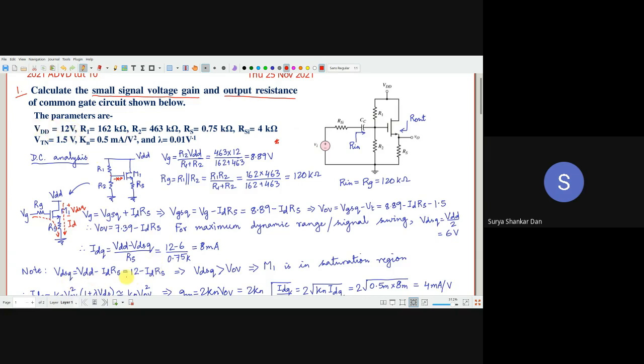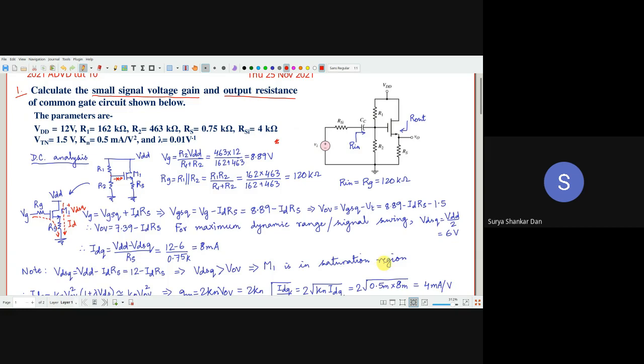So what do we get here? VDSQ is 12 minus IDRS, and VOV is how much? 7.39 minus IDRS. So obviously VDSQ is larger than VOV. So if VDSQ is larger than VOV, we can say that M1, this MOSFET M1, is in saturation region.